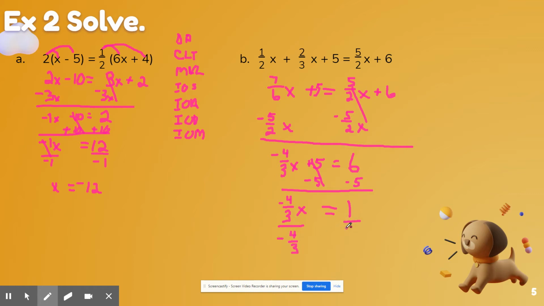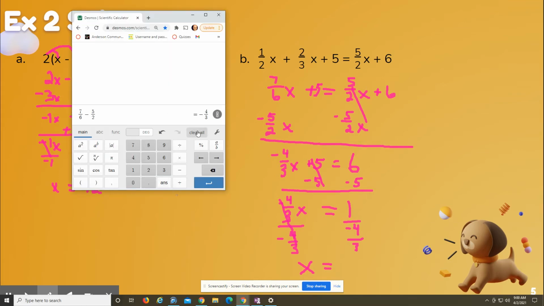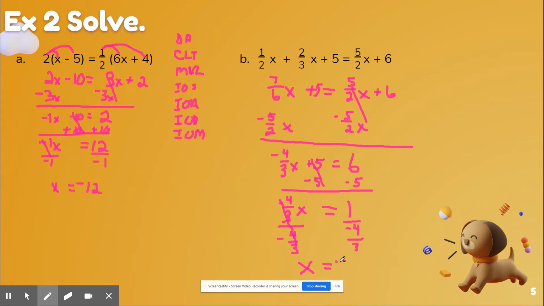These are going to cancel out just like before. The x is going to drop down. The equal sign is going to drop down. So now I have to do 1 divided by negative 4/3. I'm just going to go to my calculator because it'll make it a lot easier. 1 divided by negative 4/3. And then I'm going to click the fraction button, and it comes out to be negative 3/4.